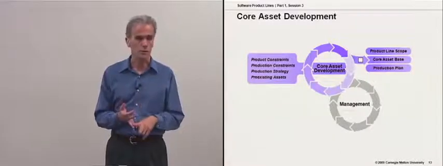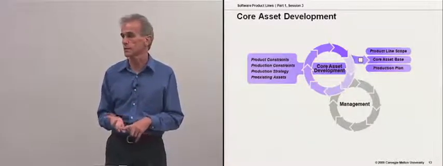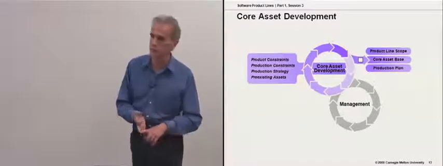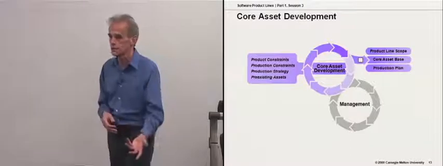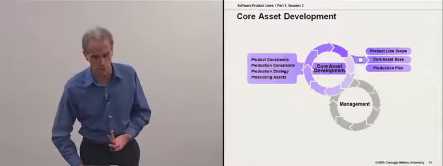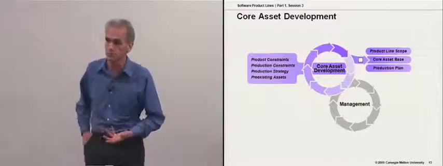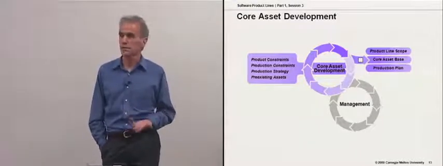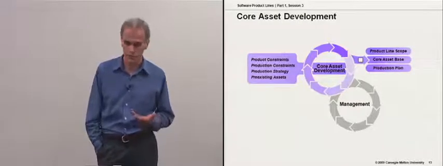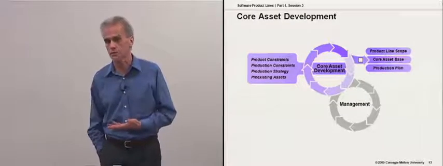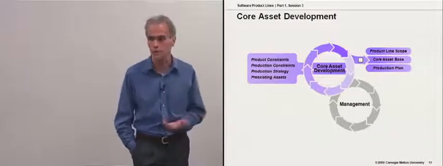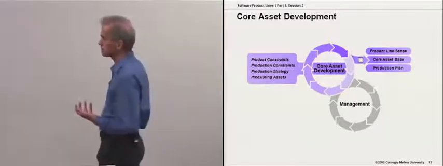When you talk to your marketing and business people, you'll get an idea of whether or not you could sell that particular set of products in the marketplace. So it's as you get into the detailed analysis that takes place in core asset development that you really start to, in essence, understand what you're letting yourselves in for, which is why we have the product line scope as an output of core asset development. But recognize that going into core asset development, you at least have a rough idea.